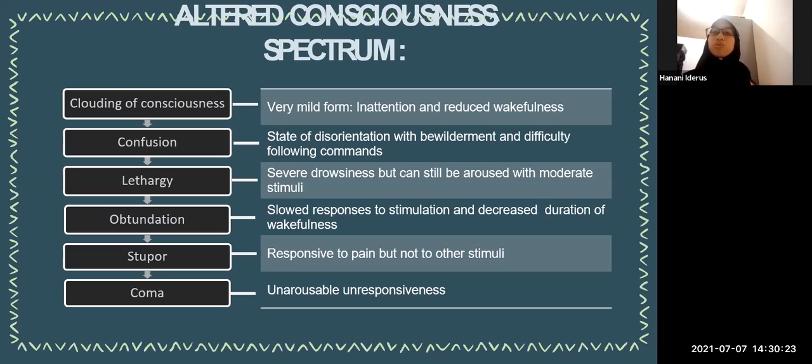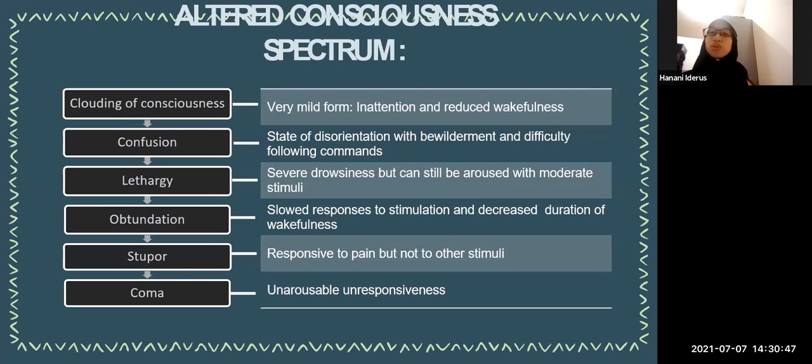And then it will follow with confusion, in which the patient starts having disorientation, and then lethargy, in which the patient experiences drowsiness, but can still be aroused with modest stimuli. But in the case of obtundation, the patient has a decreased duration of being awake, and responds slower to stimuli as compared to lethargy.